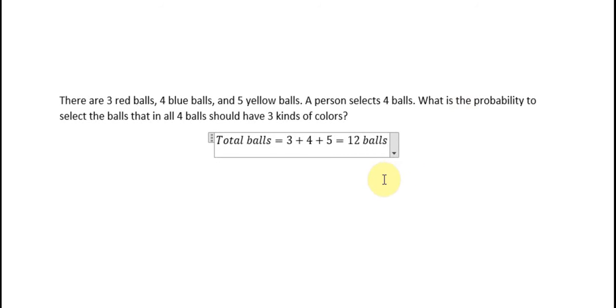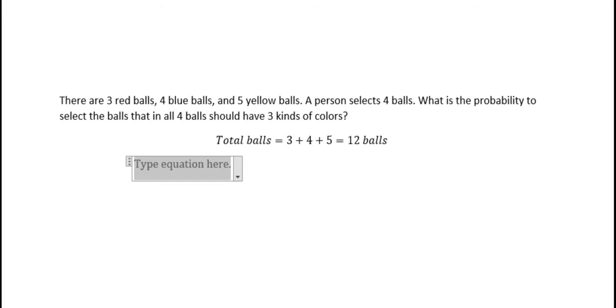First, we need to find how many bonds there are. That's 3 plus 4 plus 5, and we get 12 bonds. Now we need to find the total number of ways to select the bonds. So we do C, C is for combination, and we select 4 bonds from 12.